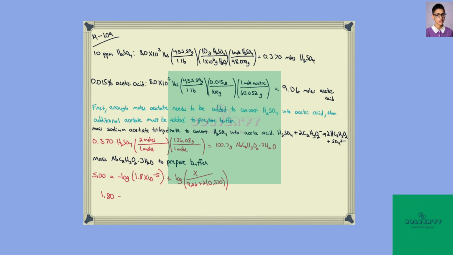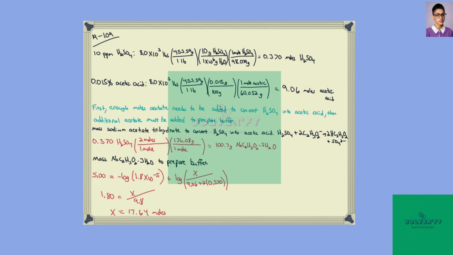So that's why I have down here for my moles of acetic acid, the moles I start with plus 2 times the moles of sulfuric acid, this now corresponding to the moles of acetic acid that came from sulfuric acid. Then I finish my algebra and I get X equal to 17.64 moles.